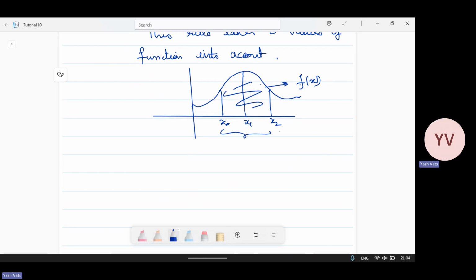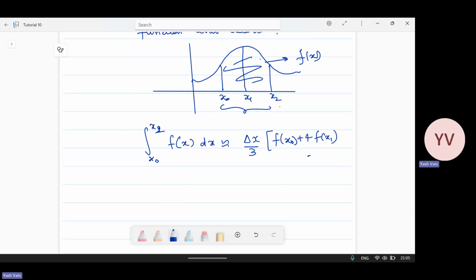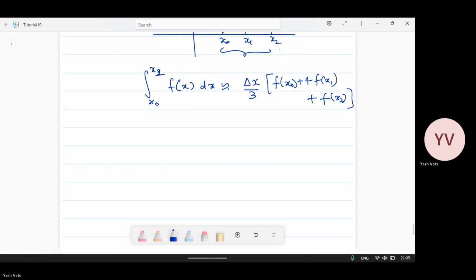It tries to do some sort of fitting using these 3 values. The integration from x0 to x2, considering 3 points, is approximated by delta x by 3 times (f(x0) plus 4 f(x1) plus f(x2)). And delta x is (b minus a) by n, which is h.